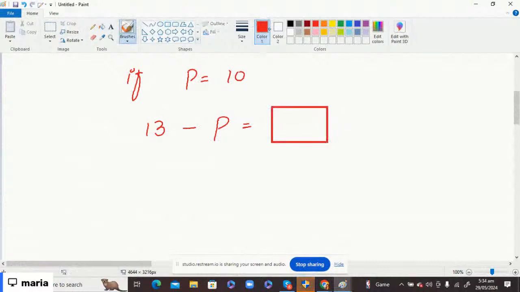So what's the answer for that? Simply put 10 in place of p. So 13 minus 10. What is the answer of 13 minus 10? That is 3. If there is addition, subtraction, multiplication, division, it doesn't matter. You just simply put the value in place of that variable.